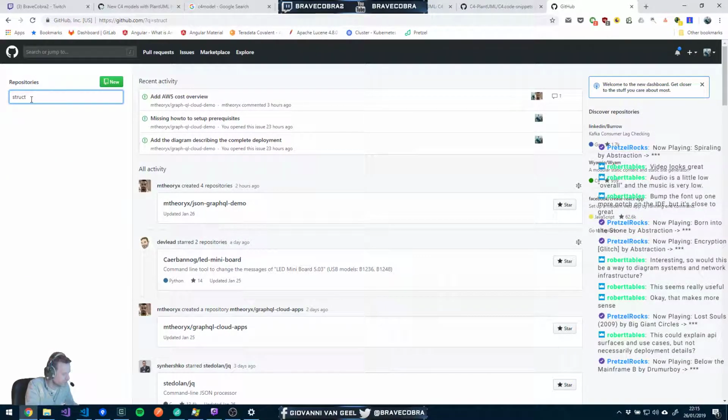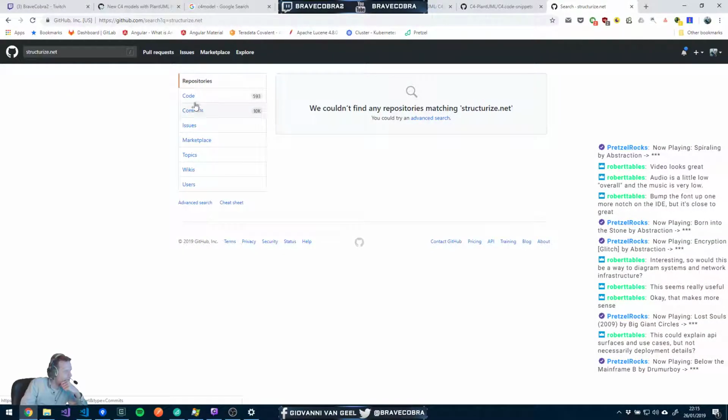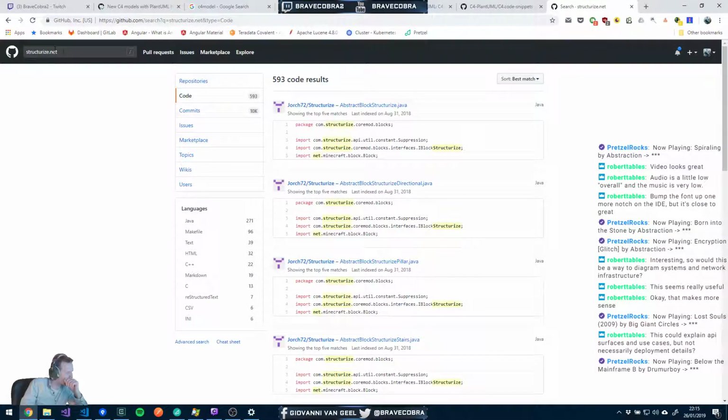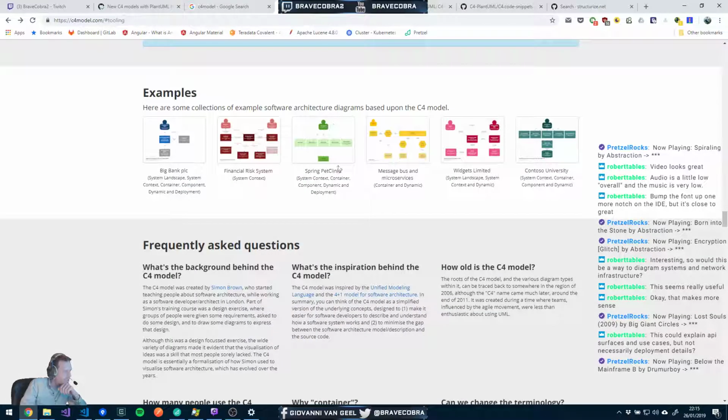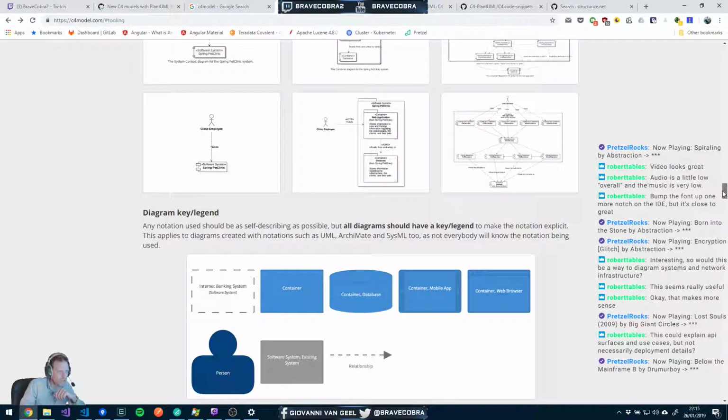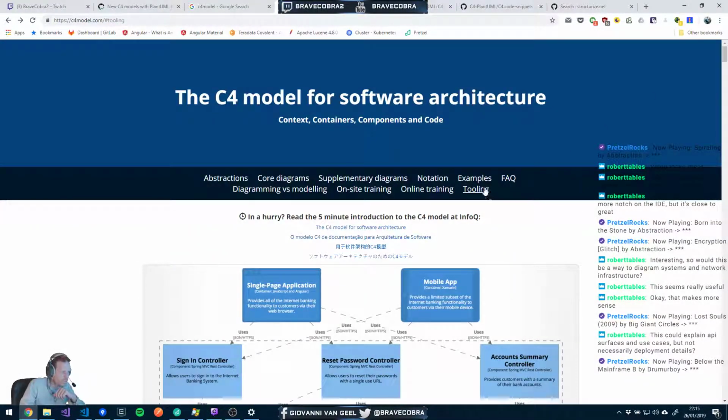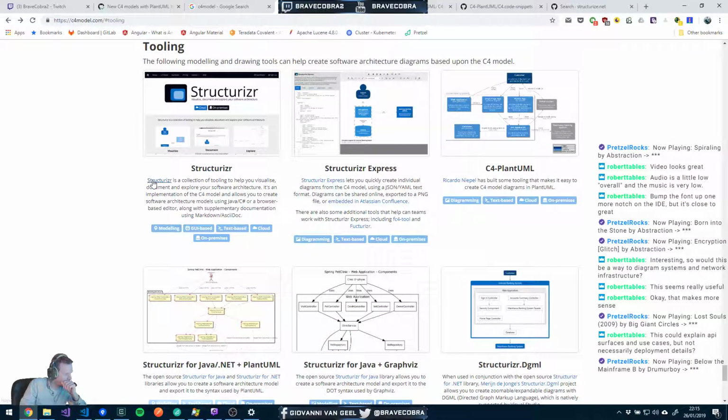I probably did. Structurizr. I think it was something like this, .net. But here, I must have spelled it wrong. The link should be up here, and was one of the other two links. Yeah, there we go.